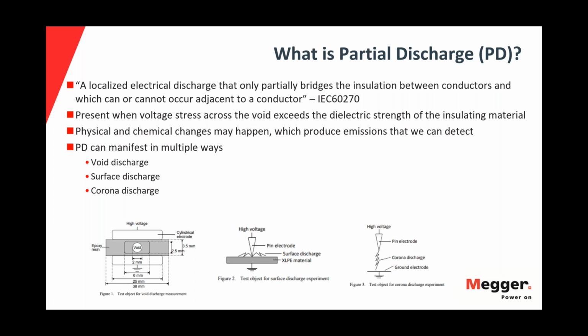Basically, PD manifests itself in multiple methods. It can be a void discharge, for example, in a solid insulation, or it can be a surface discharge within laminated areas between two different types of insulation.